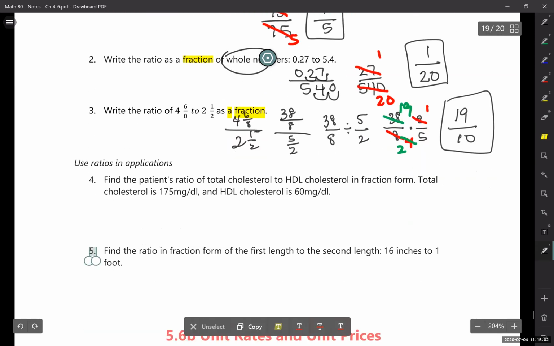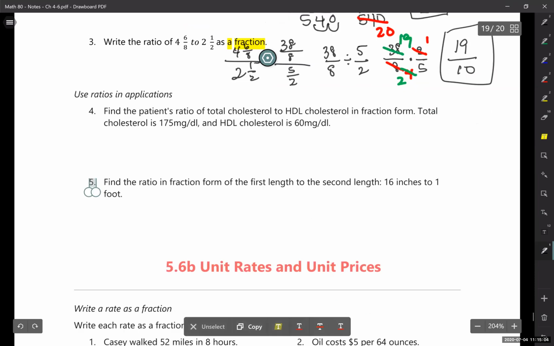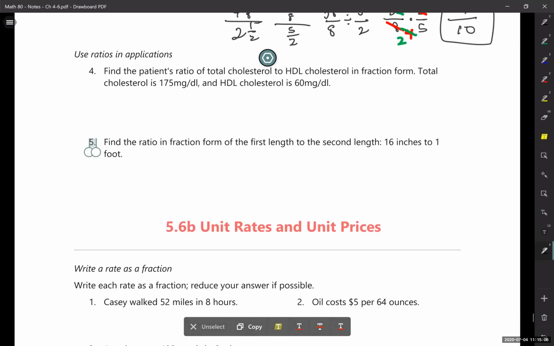And now we're going to use these ratios in applications, in word problems, in order to solve some things coming up. So it says find the patient's ratio of total cholesterol to HDL cholesterol in fraction form. So I like to write out what they're talking about. We're talking about total over HDL because it says the ratio of total to HDL.